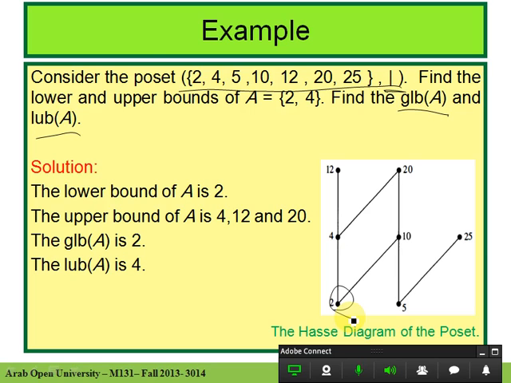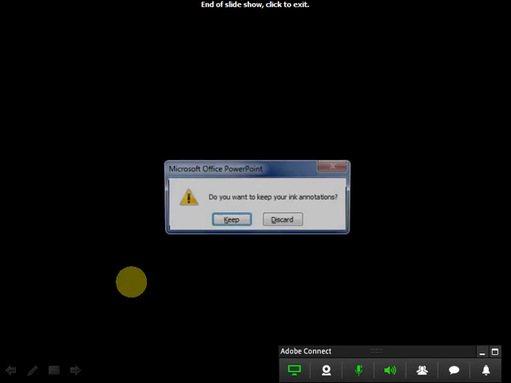The greatest lower bound is only 2. If you have more than one, you calculate which is the maximum one, the greatest one. And the least upper bound, from this one, what is the lowest? 4. From this one, the least is 4.